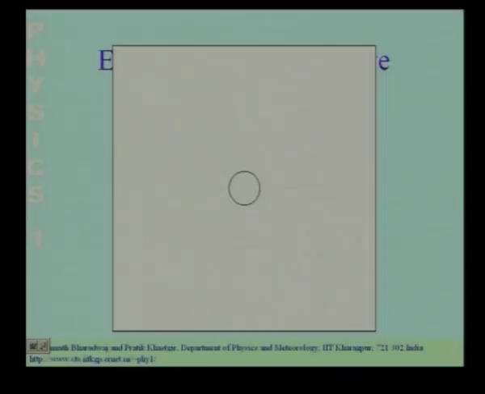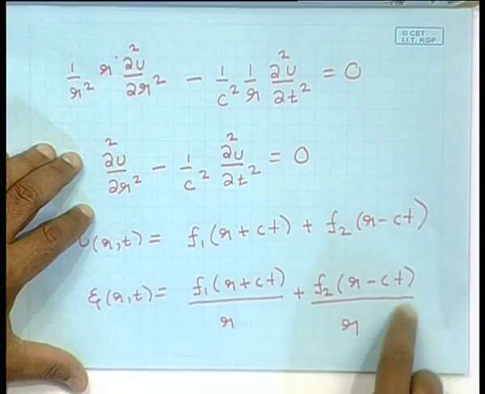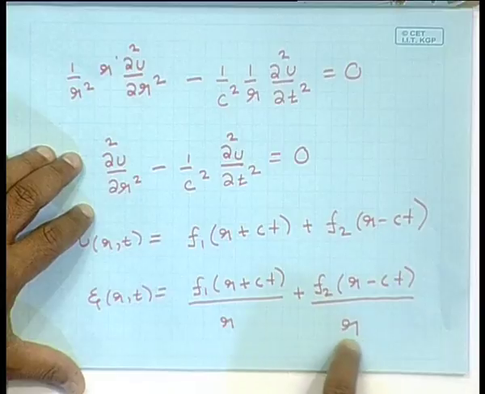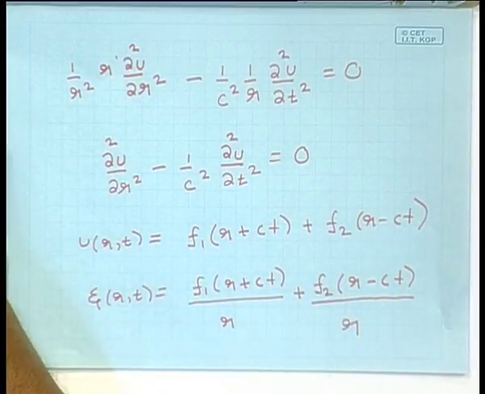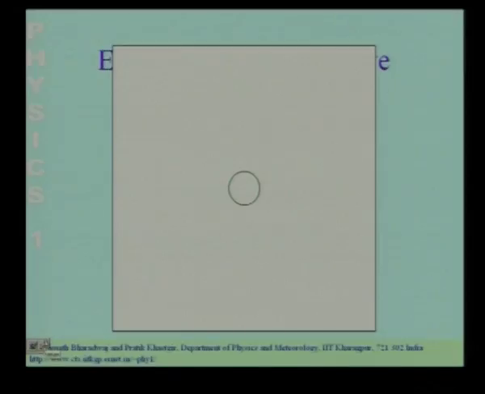Now we could ask the question, in what context do we have outward and inward propagating waves? If I had a point source from which there is some wave coming out, so there is a source which is localized at a point, well, this could be represented using the outward spherical solution.